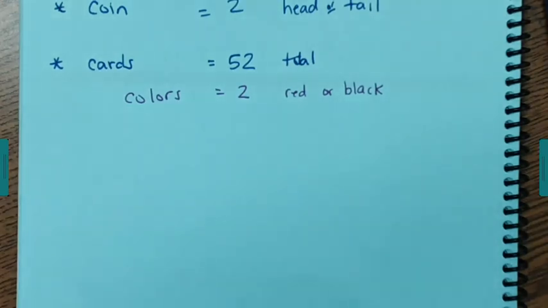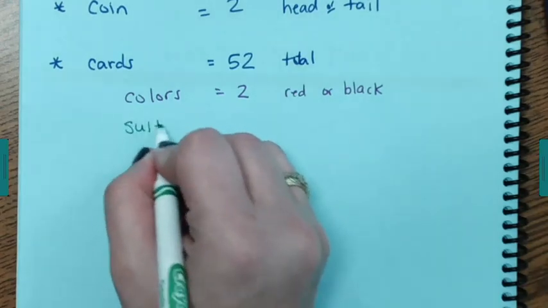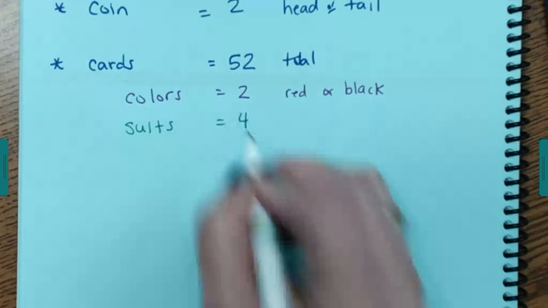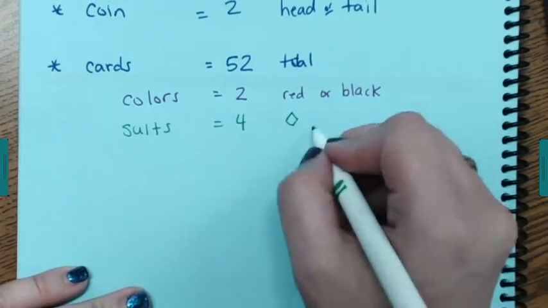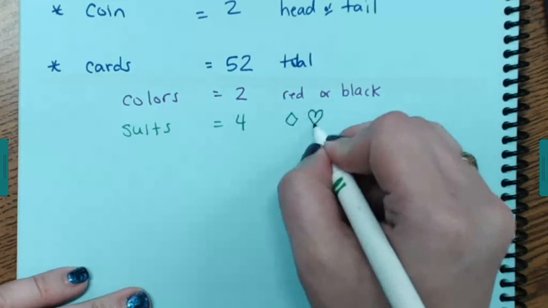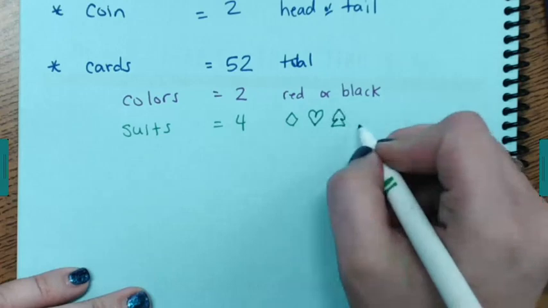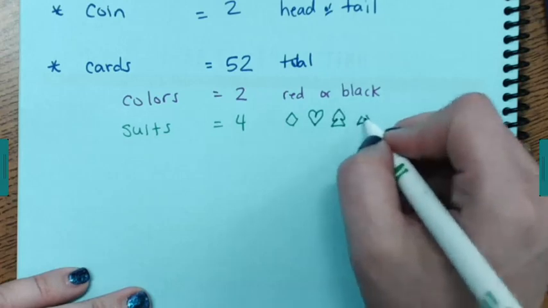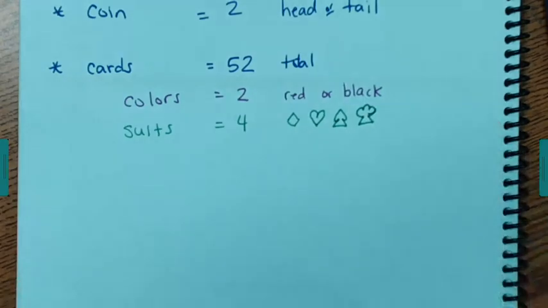We also have these things called suits, not like clothes, but suits of cards. There are 4 suits: diamond, heart, spades, and clubs.